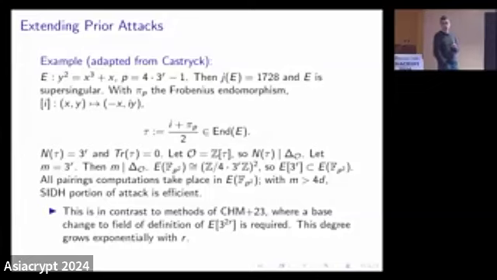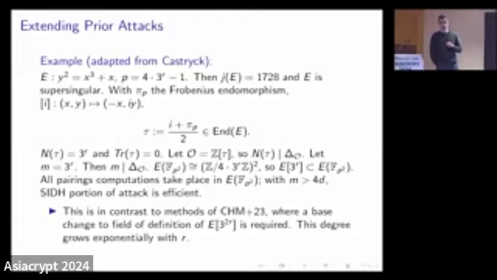And if we denote the Frobenius endomorphism by pi sub p, then we have this element tau in our endomorphism ring. Now one can show, it's just a computational check, that the norm of tau is 3 to the r, and that the trace is 0.